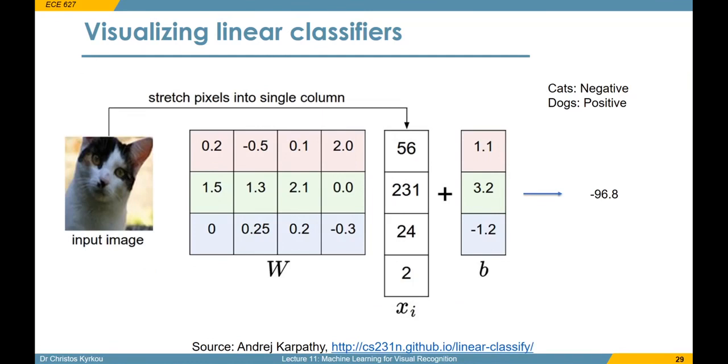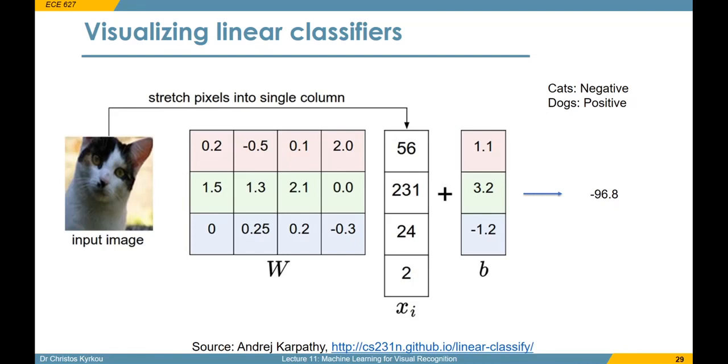So visually, what happens in a linear classifier is we assume that we have, for example, in this case, 4 pixels in our image. We have the vector W that we multiply with our input image, and we get some results. And at the end, we have the class probability.